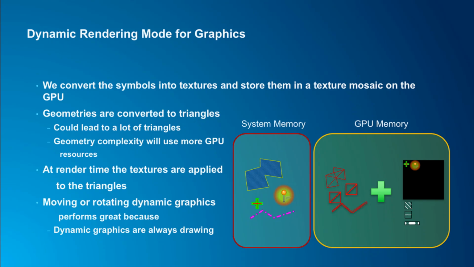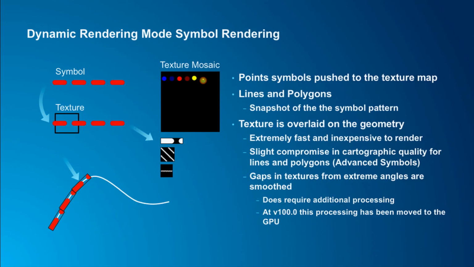The more complex your geometry is, the more triangles we have to create. That's more stuff that lives on your GPU, and more work that you have to do on the GPU. And then at render time, we just apply the textures. Because it's just triangles on the GPU with textures applied, if you need to rotate it or move it around, it just happens at every draw or every frame.